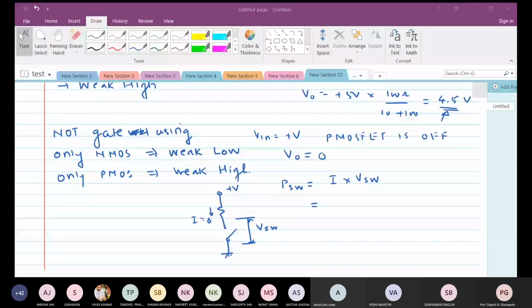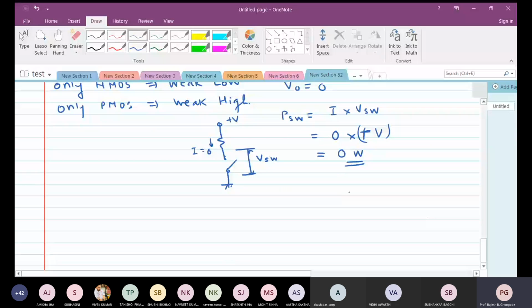Now, what is going to be I? 0. Excellent. So this is plus V multiplied by 0. So what is the power dissipation? 0 watts. Very good. There is no power dissipation at all when the switch is off.